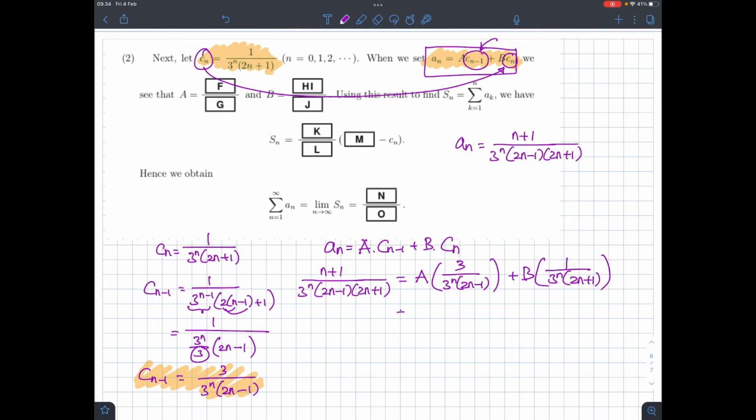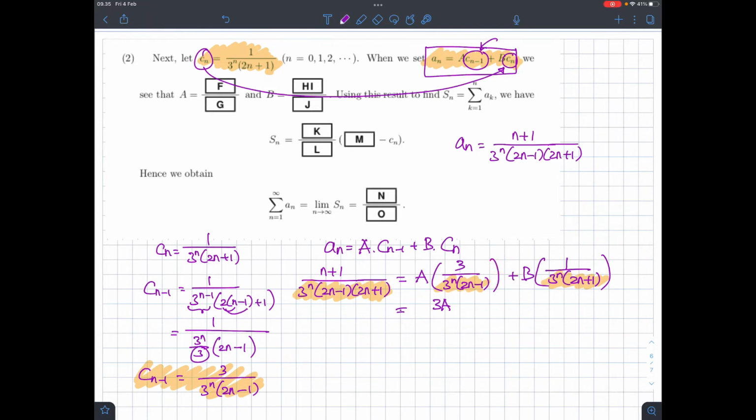Okay, I think we just need to simplify. A times 3 is 3a. Oh, you can compare all the denominators. This is compared with this one. The first part you already have this one and this one. For this part you just need to multiply by 2n plus 1 over 2n plus 1.